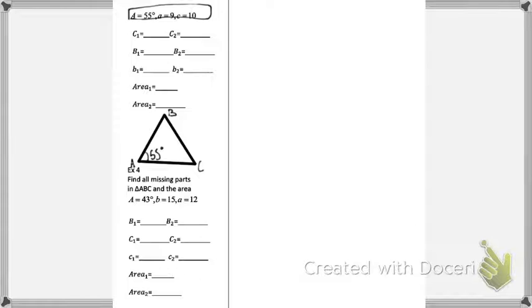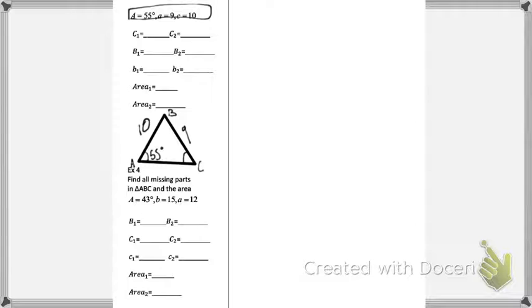And side A is 9, which is the side that's across from angle A, and side C is 10. So let's solve for side C first. I mean, not for side C, sorry, angle C.